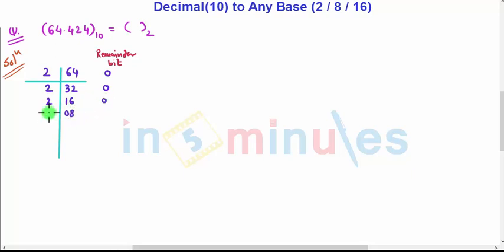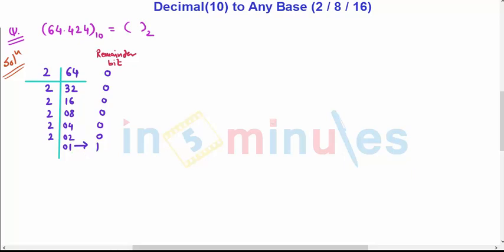Remainder bit is 0. 8 divided by 2, it is 4. Again no remainder bit. 4 divided by 2, answer is 2. No remainder bit. 2 divided by 2, answer is 1. No remainder. And still you cannot divide 1 by 2, that's why we will take the 1 bit as it is.